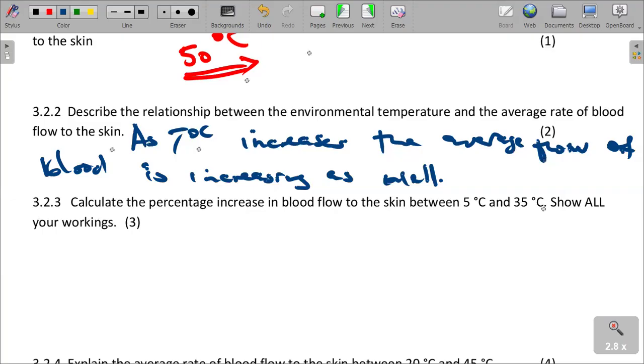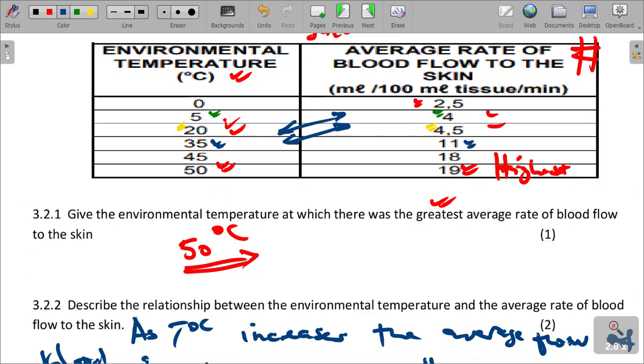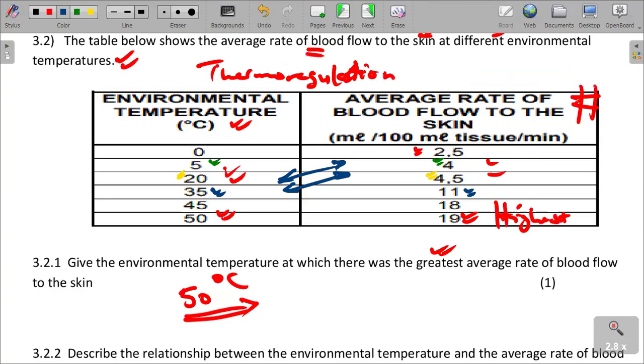And then calculate, a nice question, calculate the percentage increase in blood flow between 5 degrees Celsius and 35. Therefore, we need to show our working between 5 and 35 temperature.